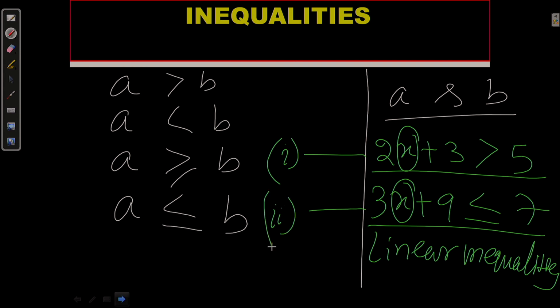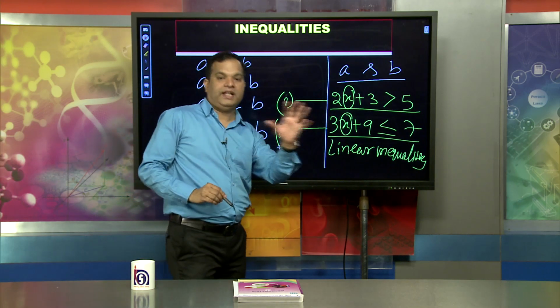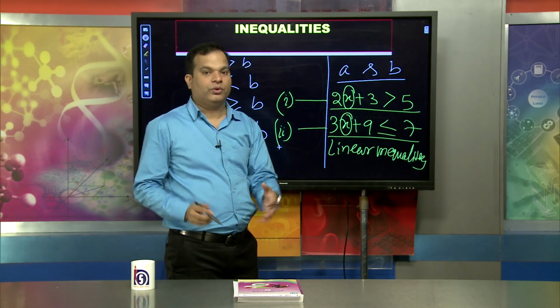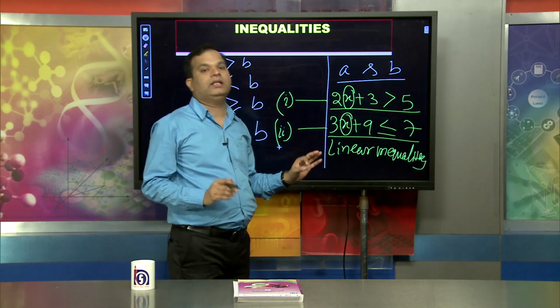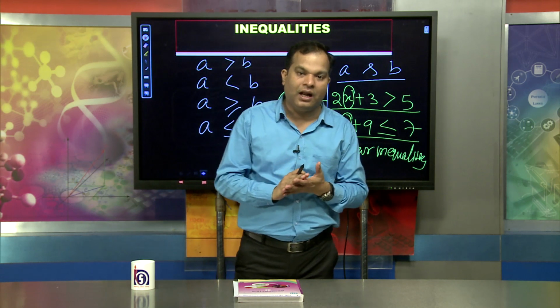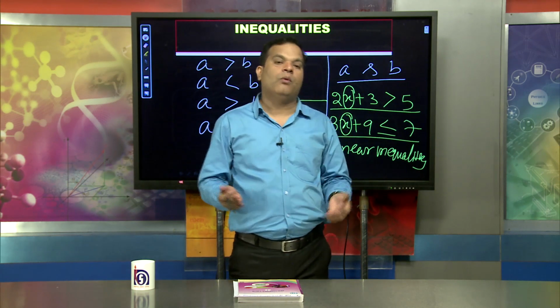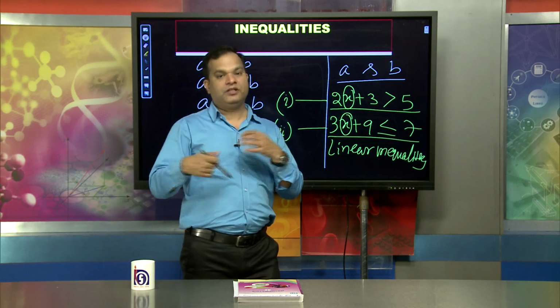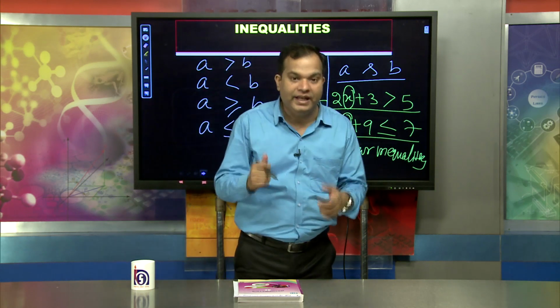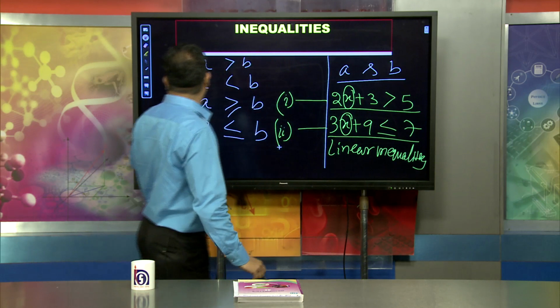How we have to solve equation 1 and equation 2 as linear inequalities? What are the techniques we have to follow? In order to solve this, we must learn what the principles involved are, that is, the principles of solving linear inequality. That is a very important thing.